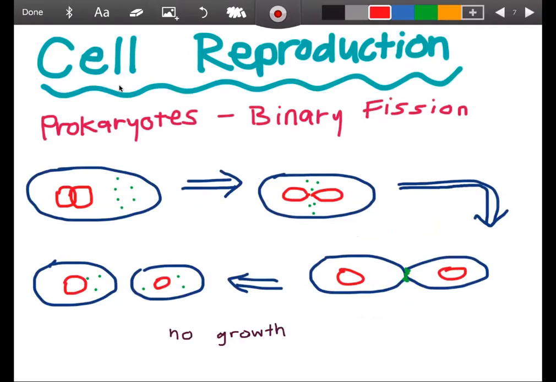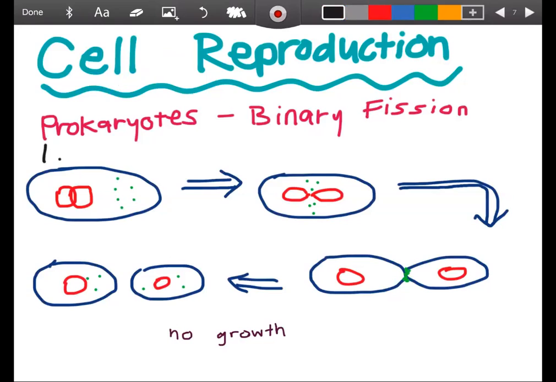Now we're going to go into cell reproduction. There are a few different ways that cells reproduce. In the case of prokaryotes, we're going to talk about binary fission. With binary fission, I've listed the steps in order right here. For the first step, we have the DNA replication of the single circular chromosome.